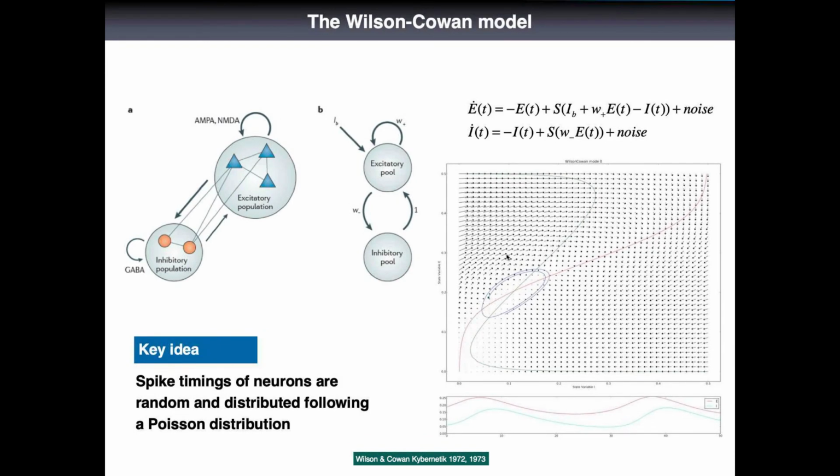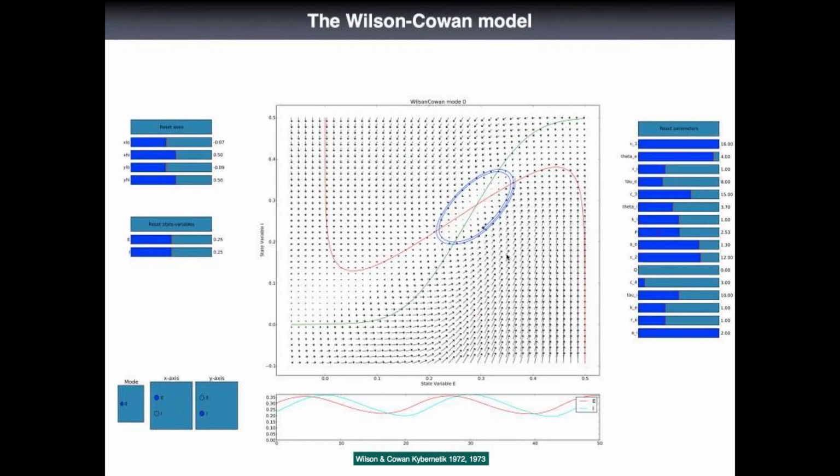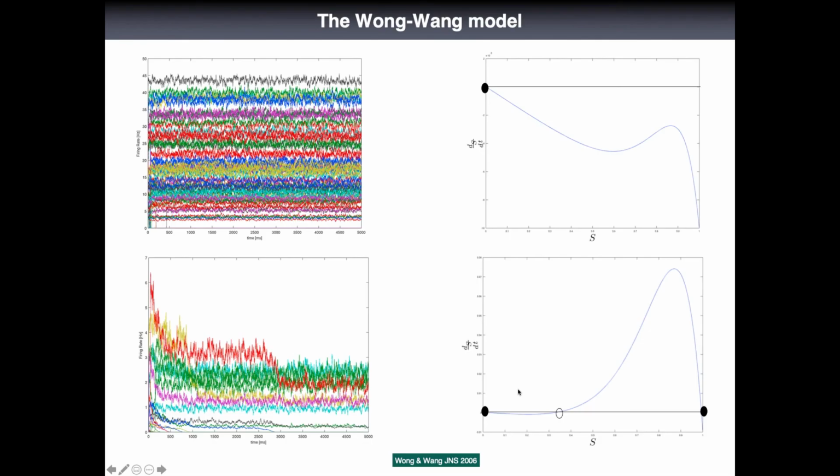Therefore, this model is suitable in general for studying oscillations in the brain. Here is a view where you can investigate this model, and it's part of the TVB package. Here you can change the different parameters of the model and see these qualitative changes in the dynamics, both in the state space and the vector field, as you see here, and also in time series.